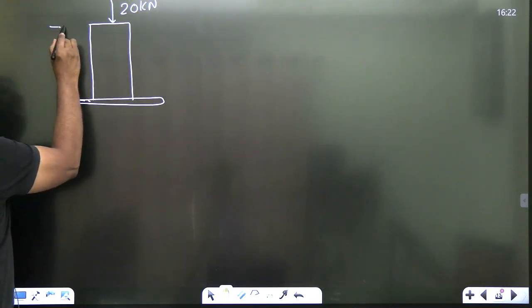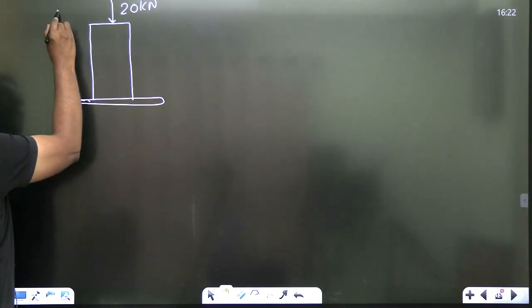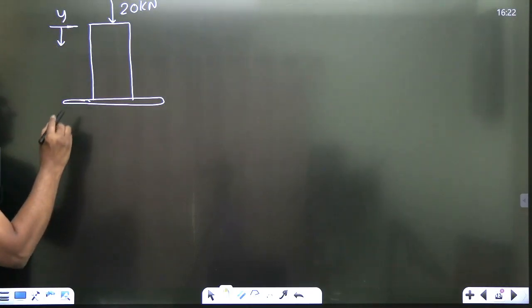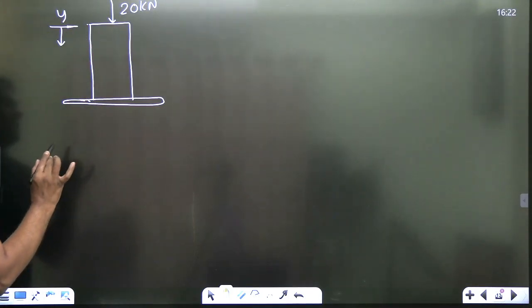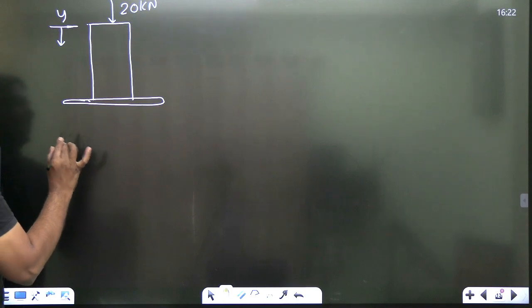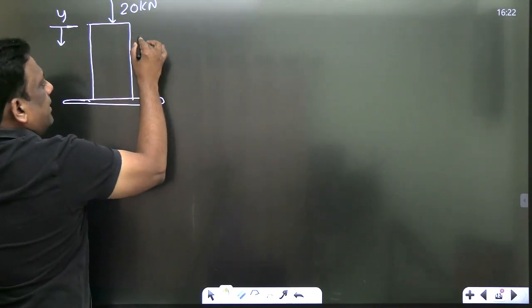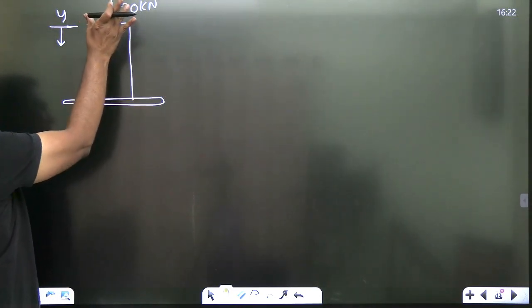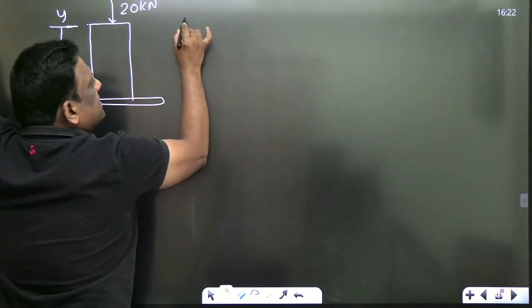So y is measured from here. Here y is 0. At y equal to 0, the resistance is 4. I am showing the resistance in this direction, but let the resistance be 4.